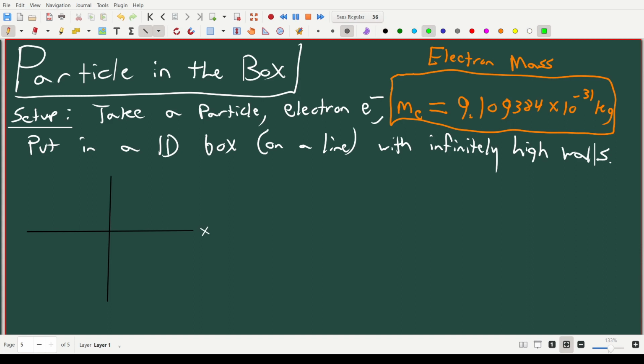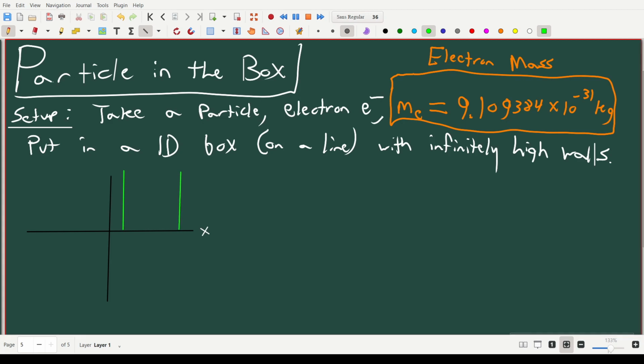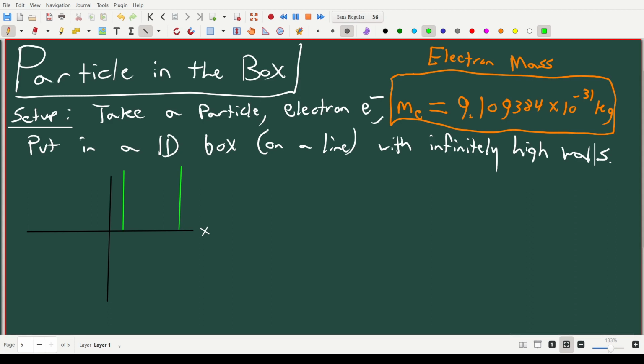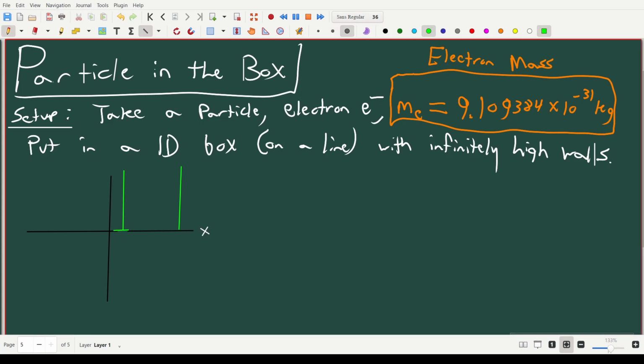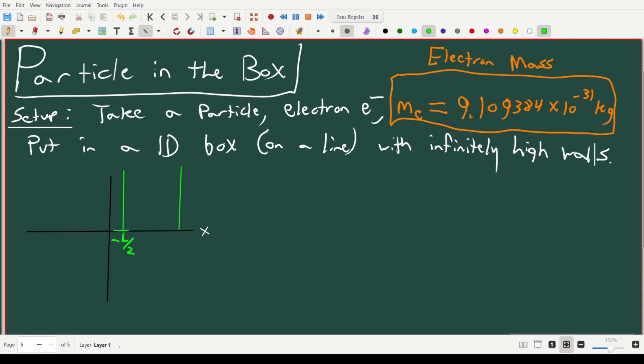So I'm going to draw my box, like that. Let's define it so that this box runs from negative L over 2 to L over 2.